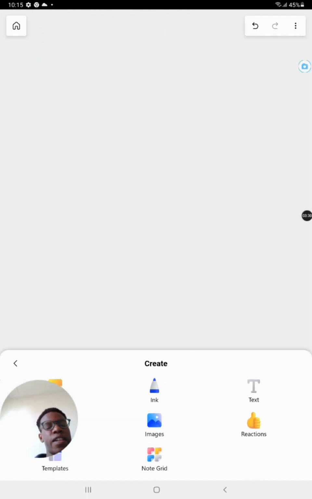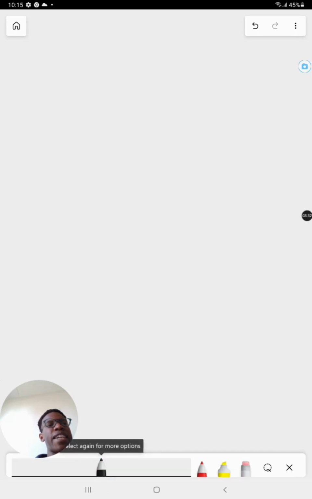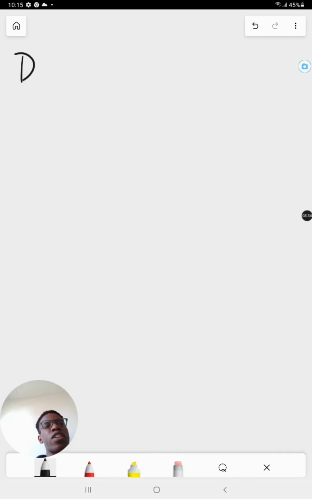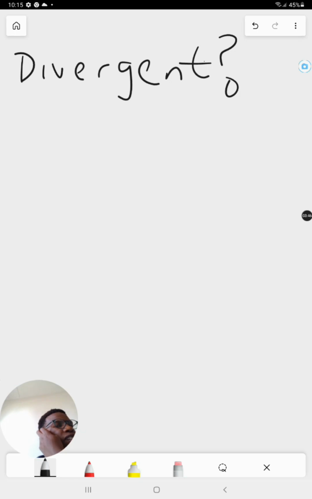Now, what makes a series divergent? What do we mean by a divergent series or divergent sequence? What does the word diverge mean? A divergent sequence or series comes from the word diverge.